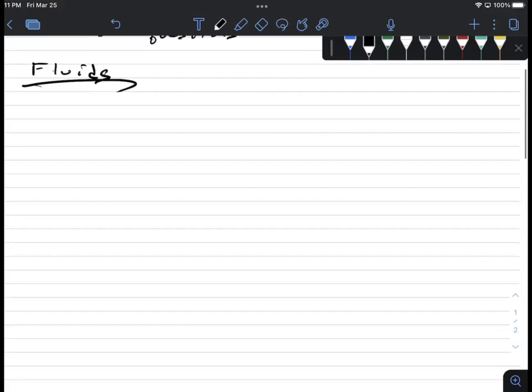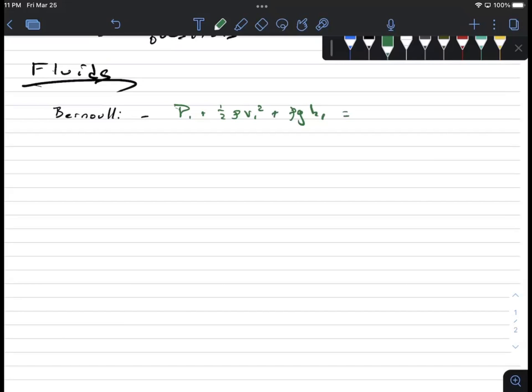The first that we discussed was Bernoulli. So we had Bernoulli's principle. And what Bernoulli's principle was, first of all, the equation, P1 plus 1/2 rho V1 squared plus rho g h1.